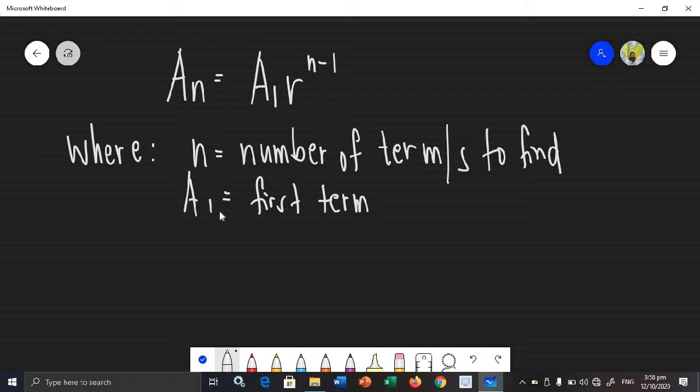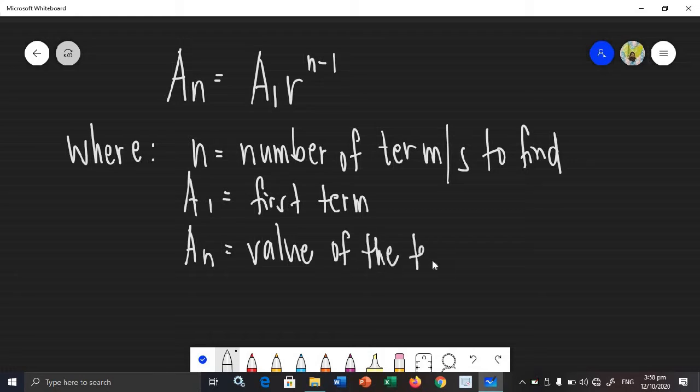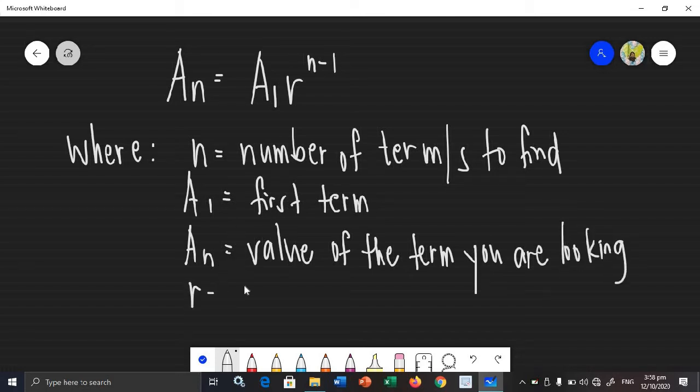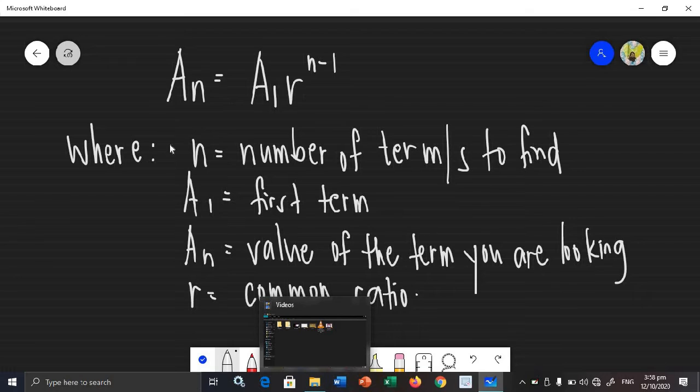And a sub n is the value of the term na hinahanap mo. And then we have r, which is your common ratio. So you need to remember this formula at the same time the purpose of each term in the formula. Kailangan alam niyo kung ano yung stand niya doon.